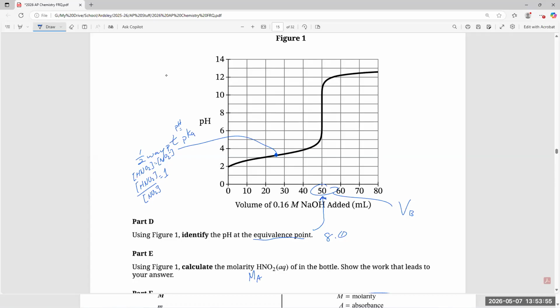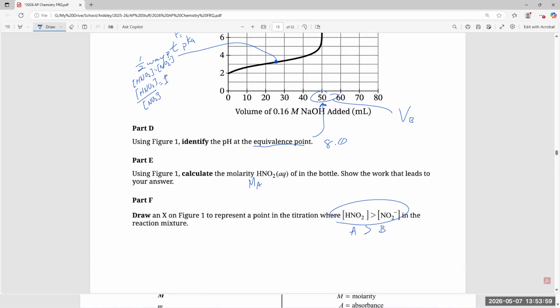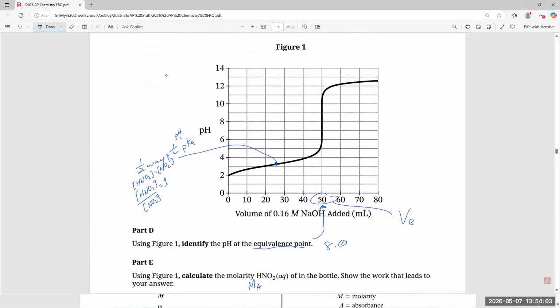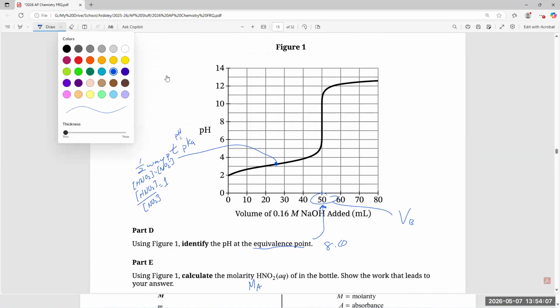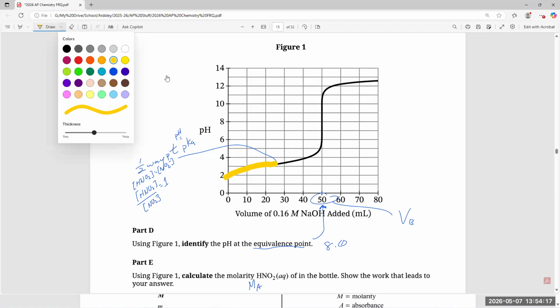But in the problem, it wants you to put an X at a point where there's more acid than base. Well, what do we know? We're adding base, so we want to be at any point on the left of that. I'm going to use a big color here. Any point you put an X around here should be an acceptable answer.